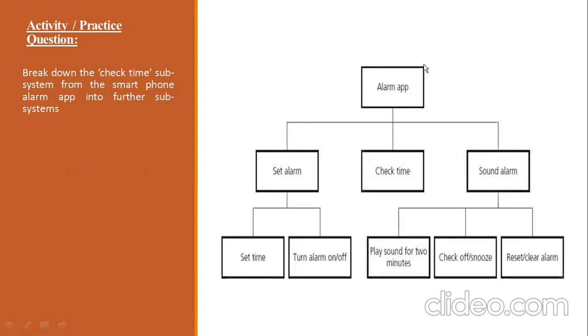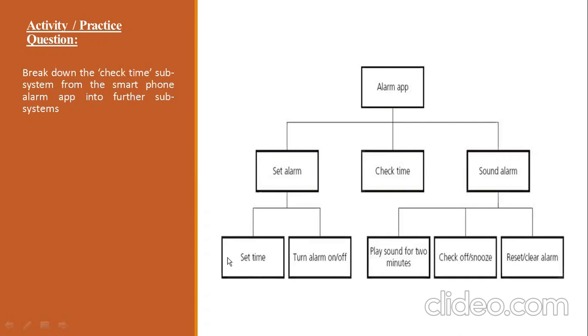Here you can see that the system is alarm app. So the main module we have is alarm app, that is further broken down into 3 subsystems, which are set alarm, check time, and sound alarm. So we will start from set alarm, and set alarm, as you can see, is further broken down into set time.